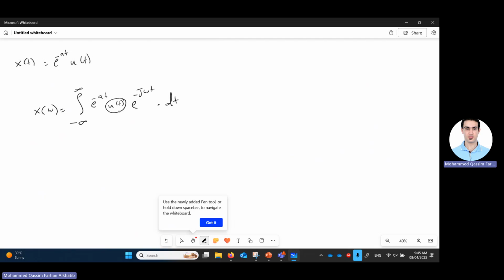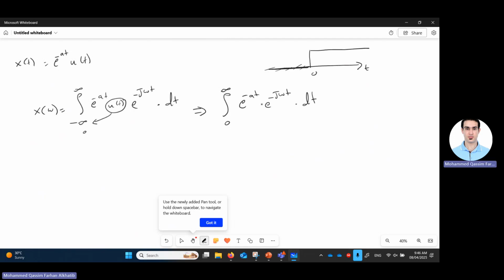We know that the unit step function has one task, and that task is what? To have the integration start from 0, because my unit step function starts from 0, and it's 0 when t is less than 0. So the integration below this point will always lead to 0. Then my integration will become the integration from 0 to infinity of e to the power minus a t times e to the power minus j omega t, dt.